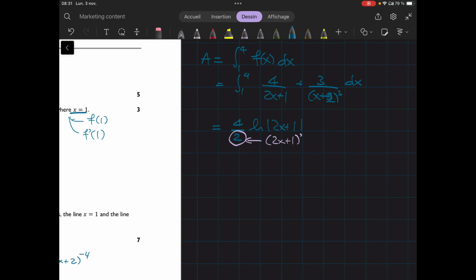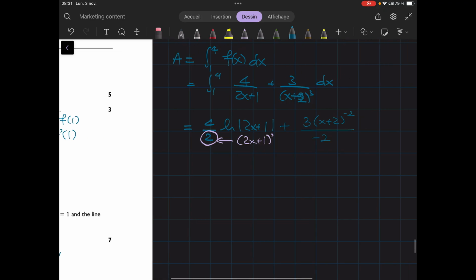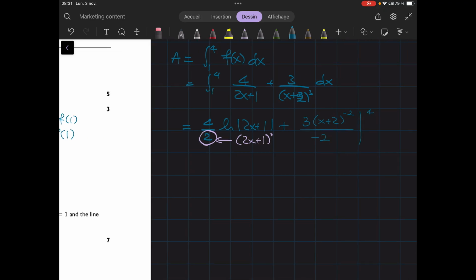If you're not comfortable with this, you can also use a u-sub. Second term, that is 3 times (x plus 2) to the negative 3. So integrating, that will give you 3 times (x plus 2) to the negative 2 divided by negative 2. Plug in the upper bound and the lower bound.